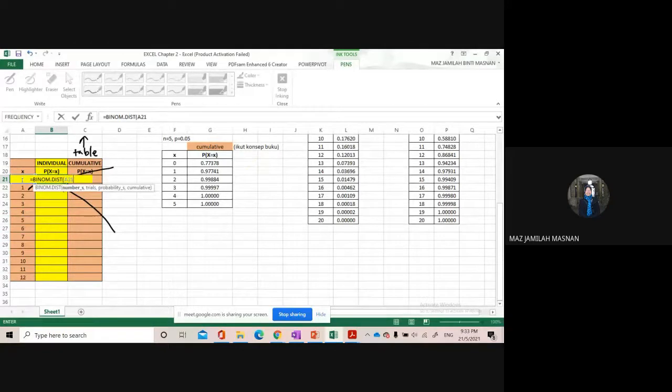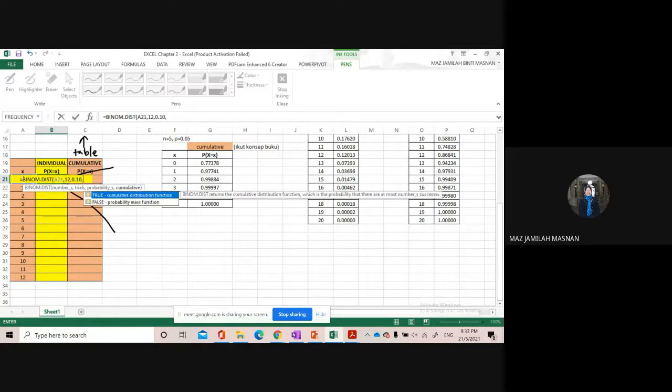So it will take the value of x equal to 0, then put a comma, and then we go back to the distribution of our random variable X, and we know the number of trials is 20, right? Sorry, 12. Okay, 12 for the number of trials, and the probability of success is 0.10.